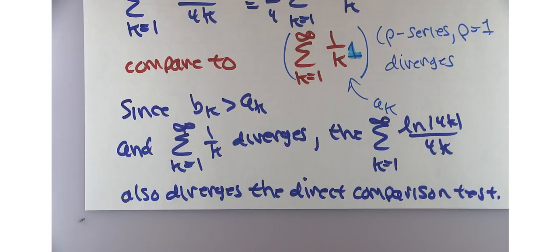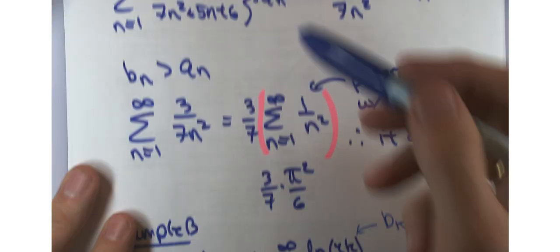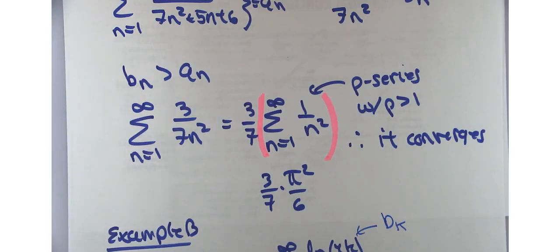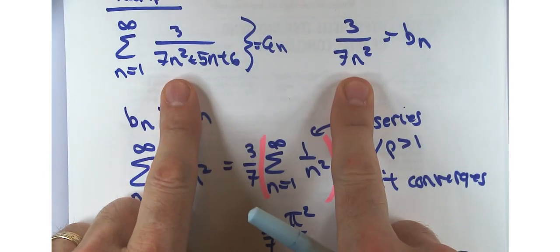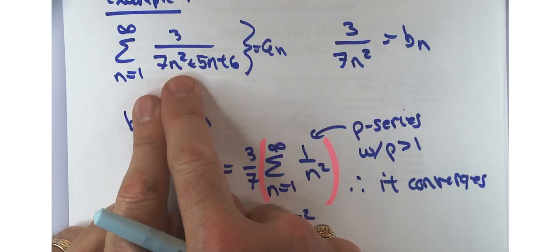Yeah, these are tough. I mean, like I said, the problem with using this is you pretty much got to know what to expect. So this is why we were practicing some of that stuff the other day, to be able to eyeball these things and know roughly what to expect. This is what I do with my series all the time. I look at the terms that are really going to matter.